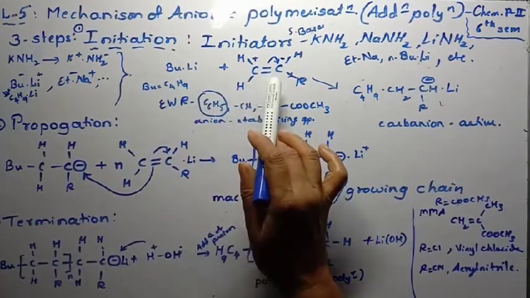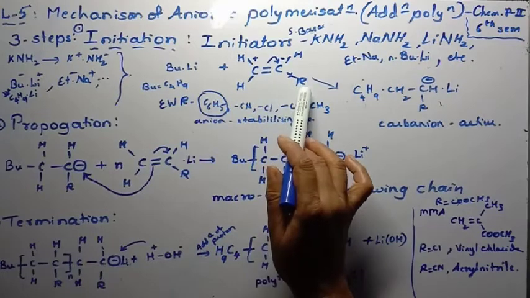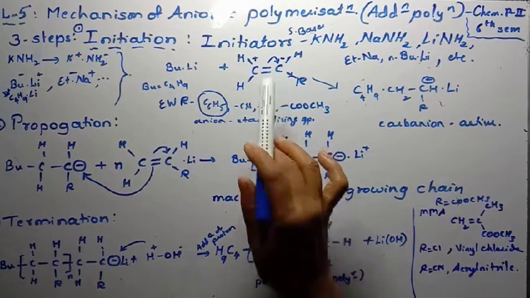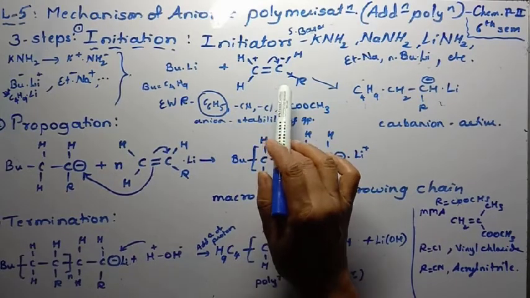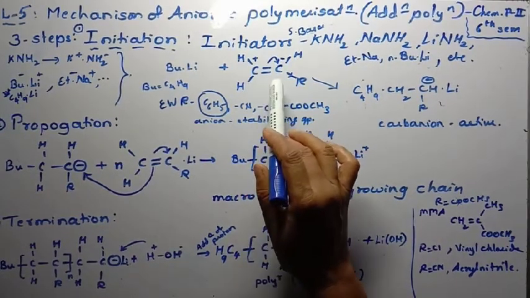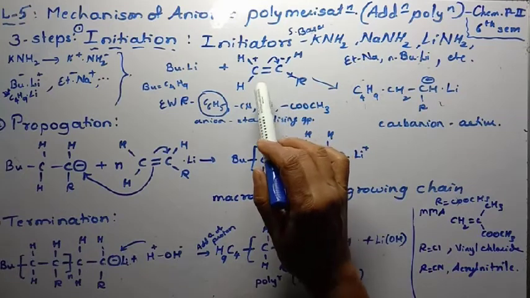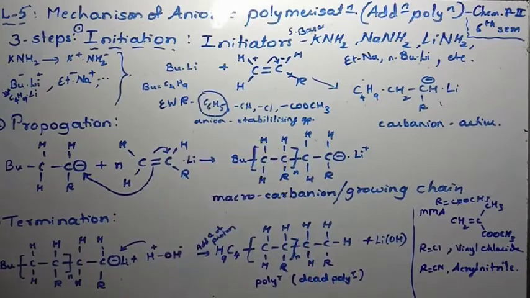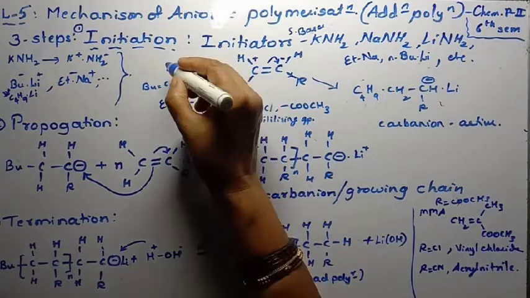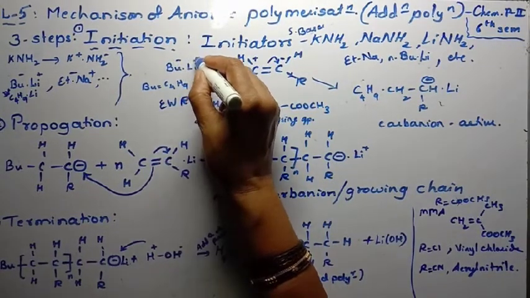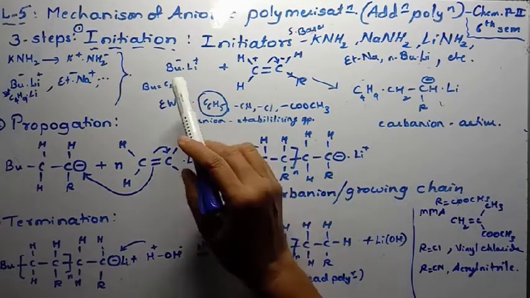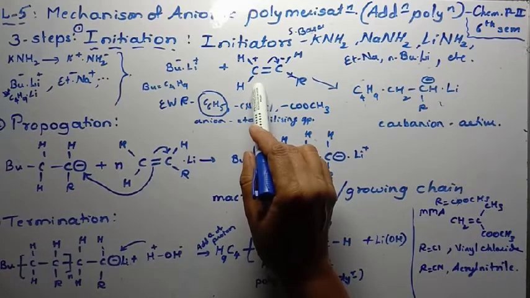And as you know, only monomers which have an electron withdrawing group attached to the carbon of the double bond undergo anionic polymerization. The butyl lithium acts as a nucleophile. Here the butyl is the nucleophile and lithium carries a positive charge, and this nucleophile attacks the carbon atom of the double bond.